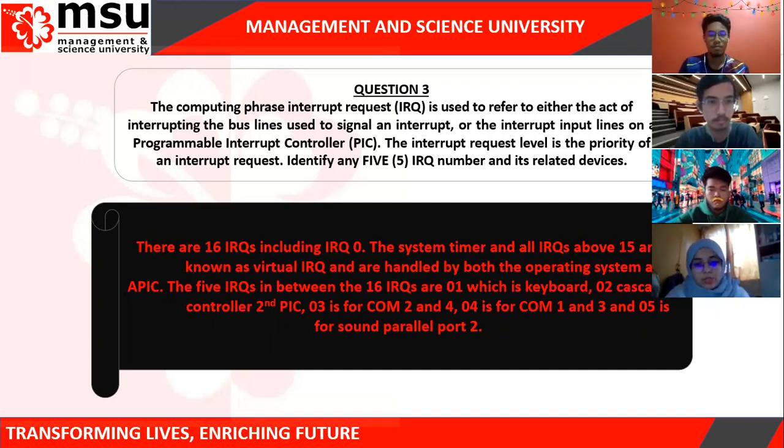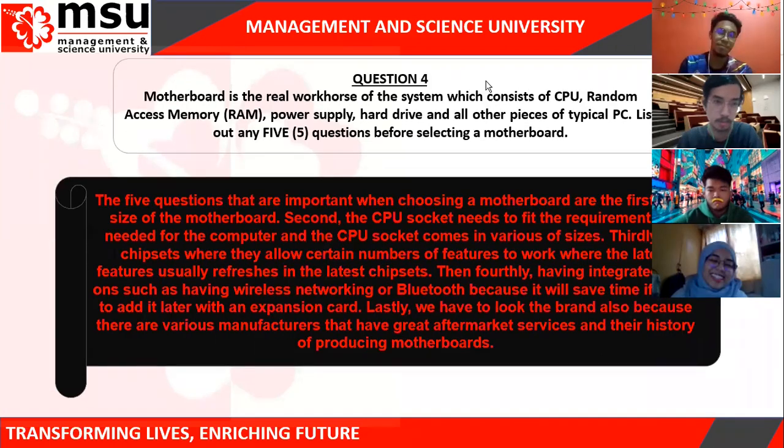Five of the 16 IRQs are: 01, which is the keyboard; 02, the cascade controller, the second PIC; 03 is for COM2 and 4; 04 is for COM1 and 3; while 05 is for the sound, parallel port 3, port 2.